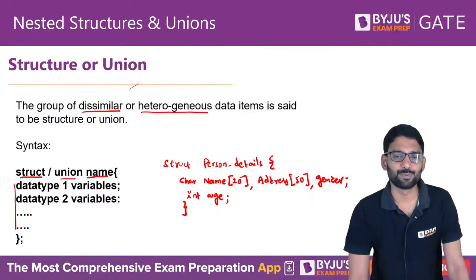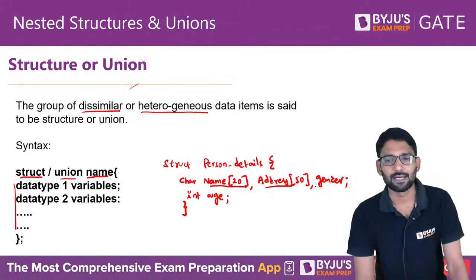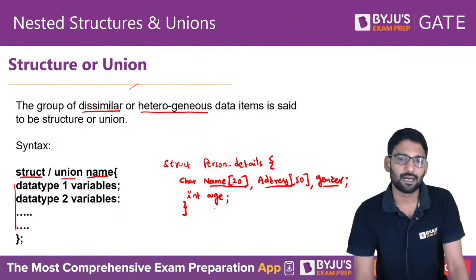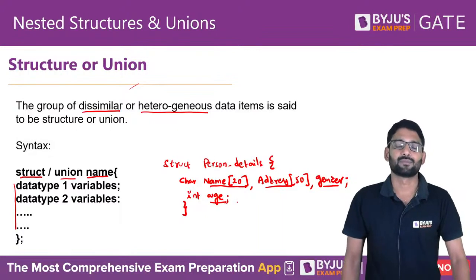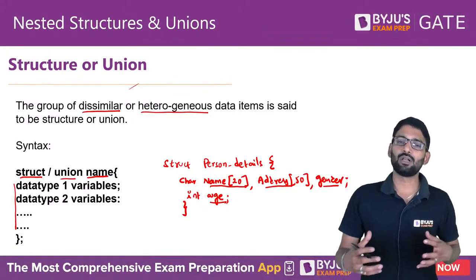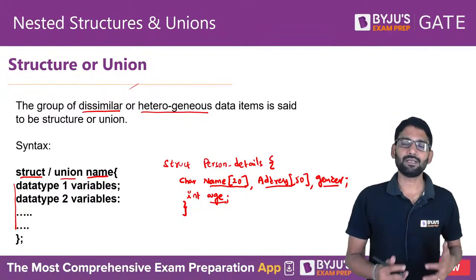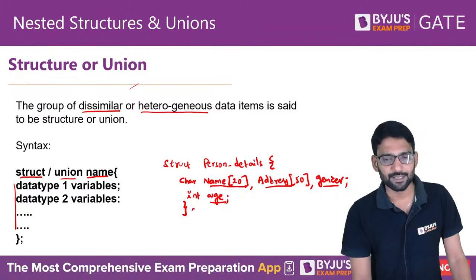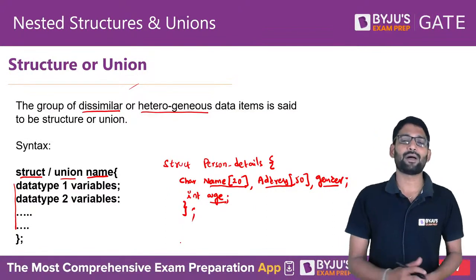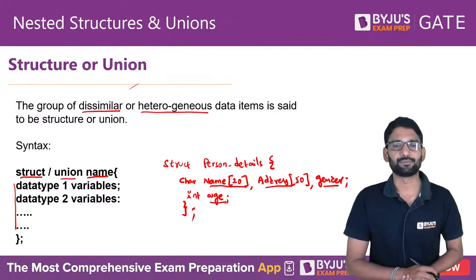I have grouped the character arrays name, address, and a character gender and age. So these are dissimilar data. Not all are integers, not all are characters, but I have grouped these. So such a group I call a structure or union, right?